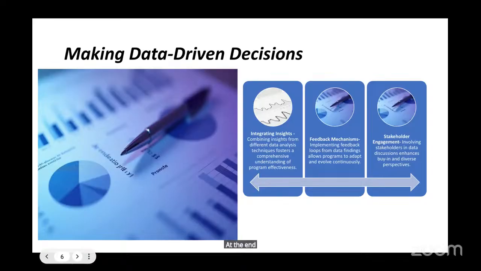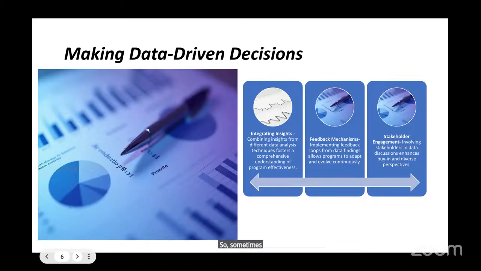At the end of the day, when we really put meaning to our data, it must have an aim, and the goal is that decision makers, policy makers, practitioners should be able to make an evidence-based decision from the data.